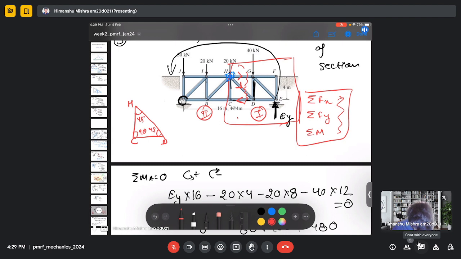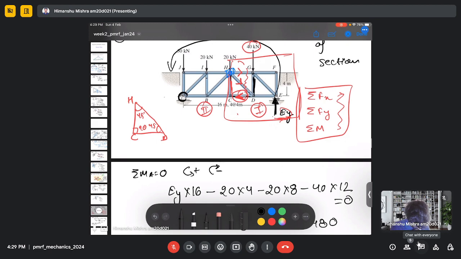So the moment will come due to this 40 kilonewton force, and force CD, which is at 4 meter distance, this one, and due to force EY, this.